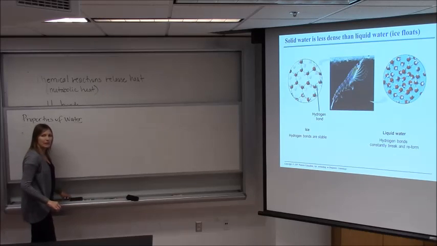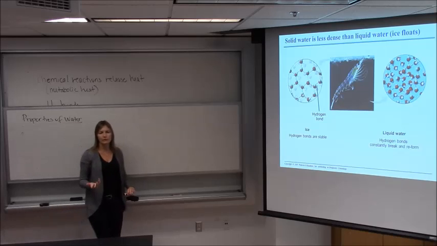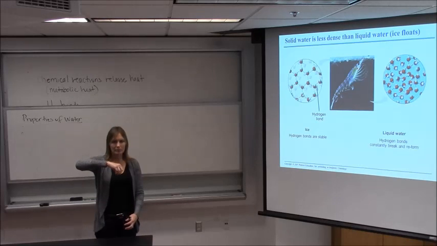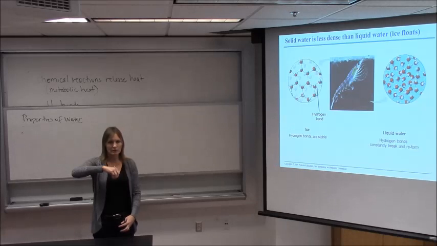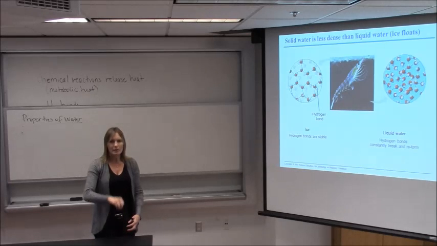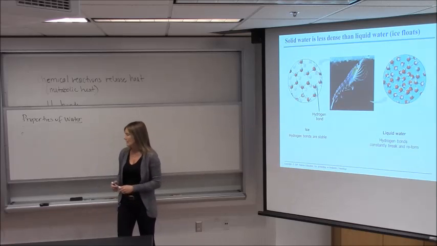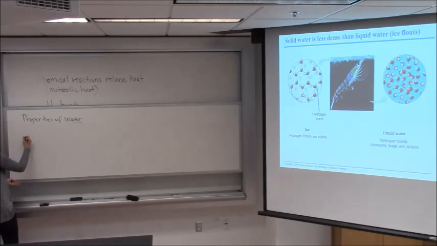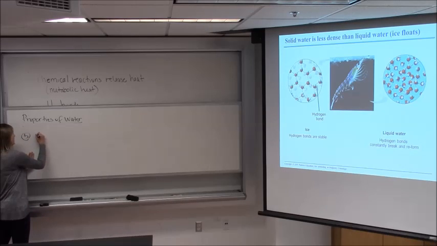If I melted some aluminum in a beaker, put it on this table, and I dropped in a piece of solid aluminum, do you think it's going to float? No, it's going to sink right to the bottom. Solid aluminum is much more dense than liquid aluminum, and that is the case most of the time. The fact that ice floats is a very strange and unique phenomenon in chemistry.